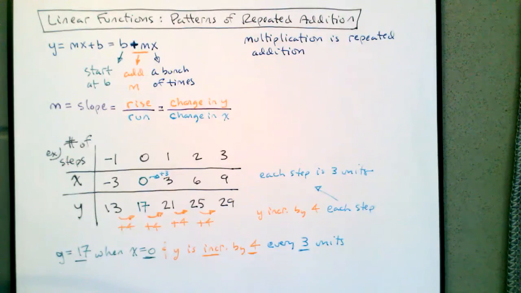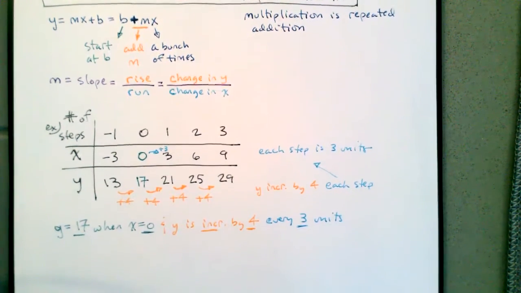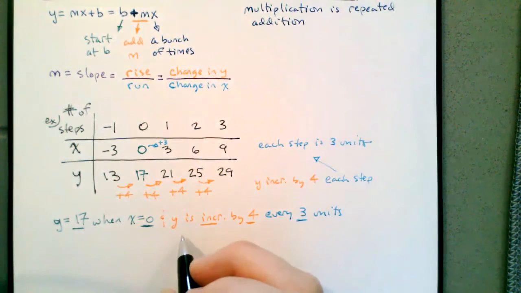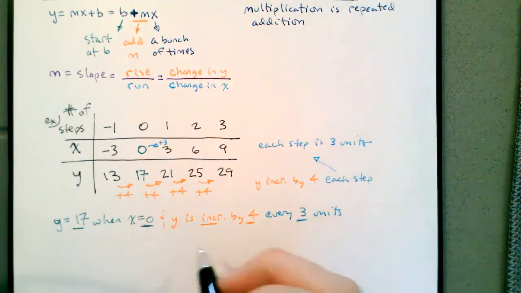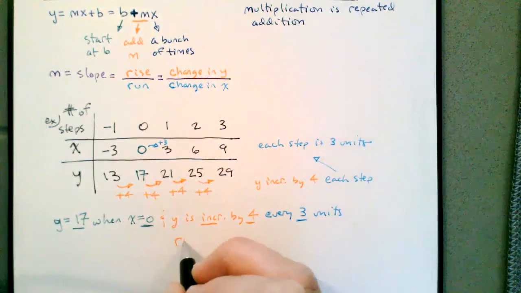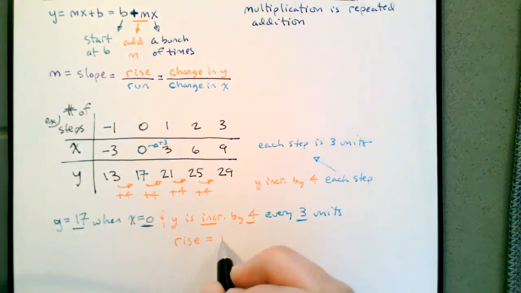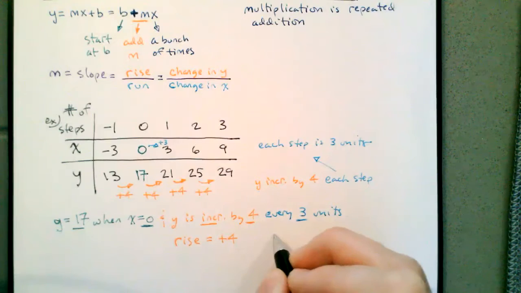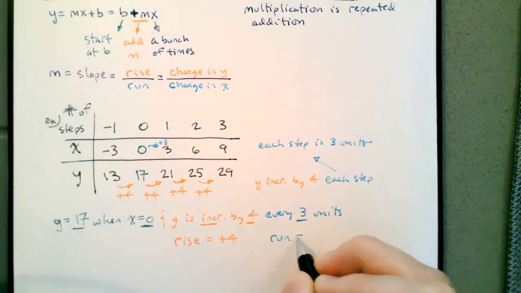The normal way we would think about this function, the normal y equals mx plus b way we would write an equation for this function is we would identify the start as the y-intercept. Good thing that we have x equals 0 to go along with that. Where when we say y increases by 4 every 3 units, we're saying that the rise is a positive 4, and this happens every 3 units, so the run is 3.